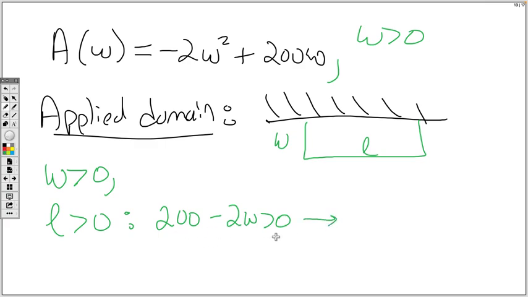And if 200 minus 2W is bigger than 0, then that means minus 2W has to be bigger than minus 200. And if I go to solve for W here to see what other condition we have on W, what would I have to do to both sides? Divide by the negative 2. And when you divide by a negative, what happens to the inequality? Yeah, it flips around.